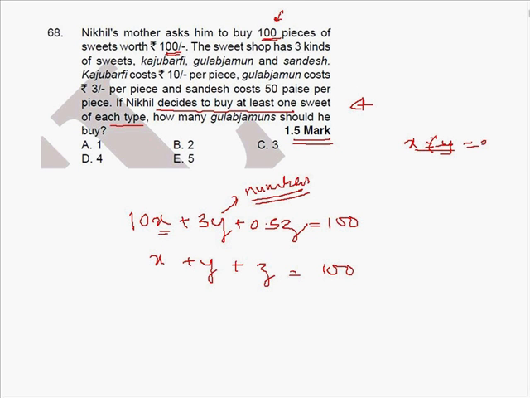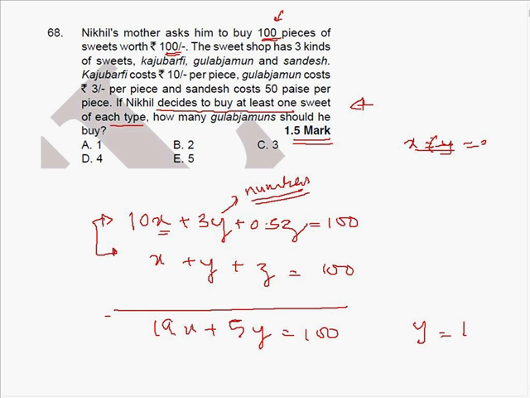You get something like 19x plus 5y equal to 100. Then you can write y equal to (100 minus 19x) divided by 5. Y has to be a number. For y to be a number, the value that x can take is only 5. Therefore, y has to be 1, and then you can solve it.